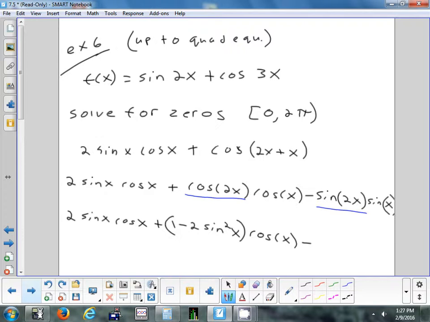Now the second one. I'm going to write it up here. What's sine 2x? 2 sine x cosine x. So if you had 2 sine x cosine x times sine x, what would you get?